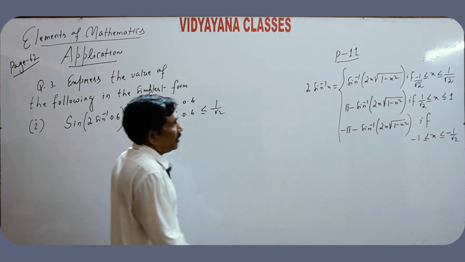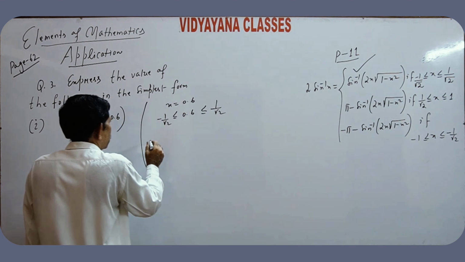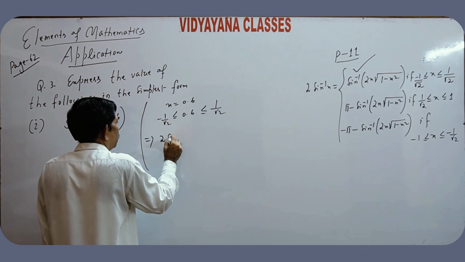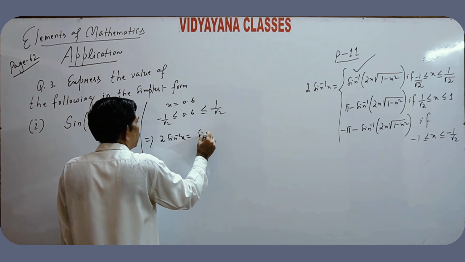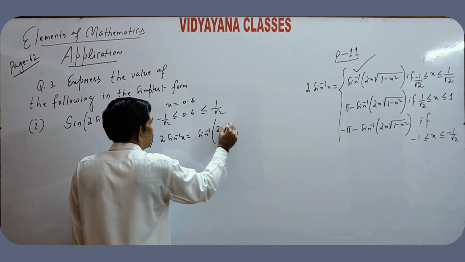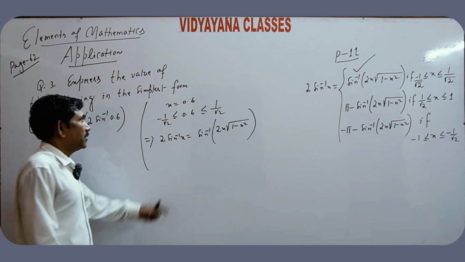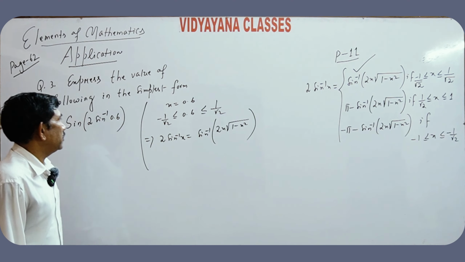So the first formula will be used. 2 sin inverse x is equal to sin inverse of 2x into root over of 1 minus x square, since x is equal to 0.6 lies in this interval.